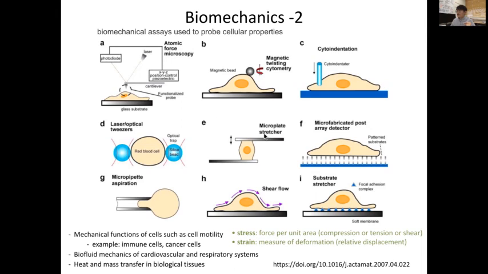Or E, you can see this microplate stretcher, which attaches the cell on the other side, and then you can exert a defined force and measure the displacement. And F, this is using a microfabricated post-array detector. You can see the cells are sitting on top of these pillar posts, whose mechanical property we know exactly.